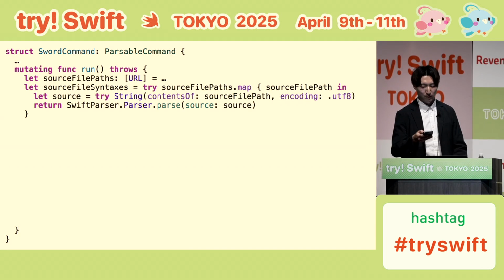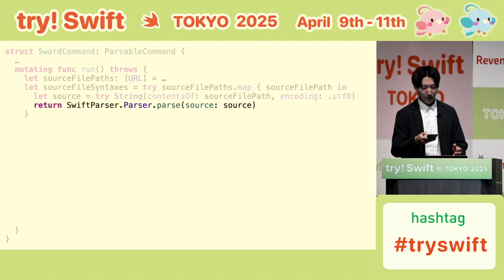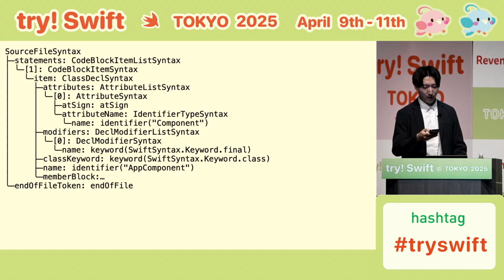Next, we parse each Swift file's syntax tree by reading the source code from the file path and using SwiftSyntax's SwiftParser to obtain the syntax tree. This is a syntax tree that looks like this.